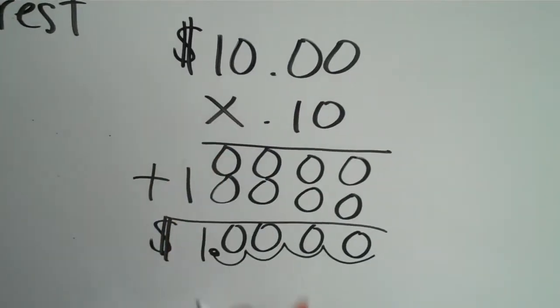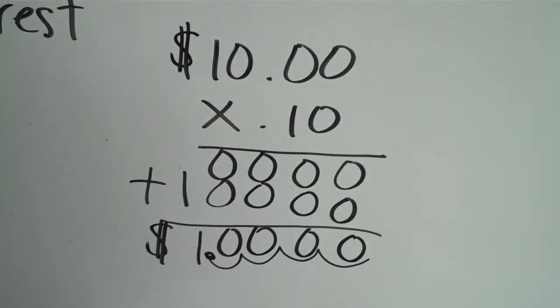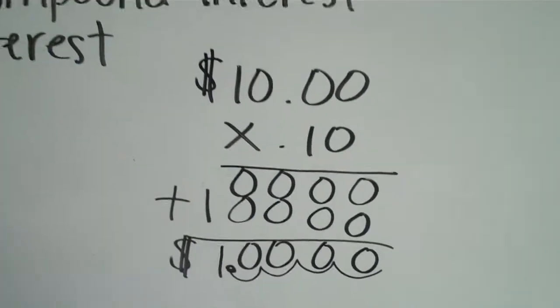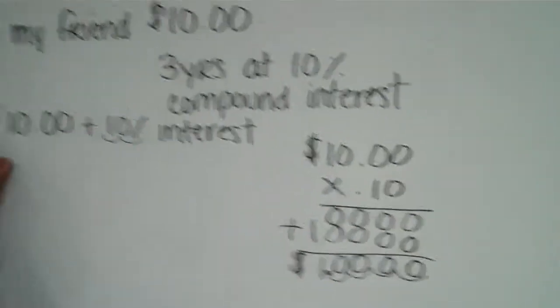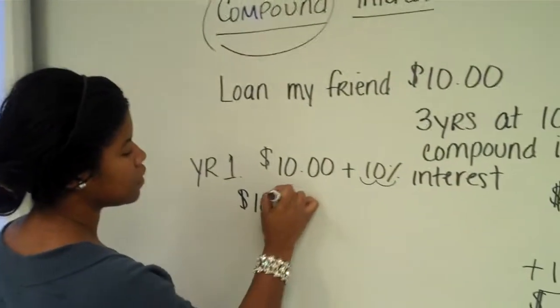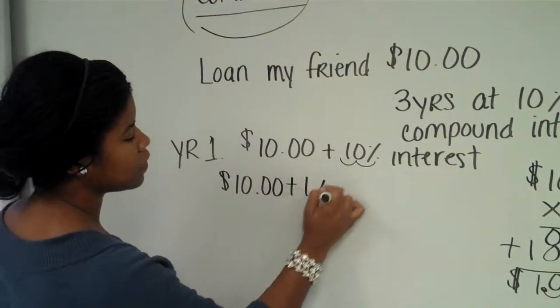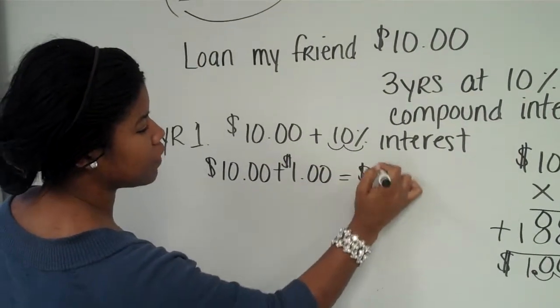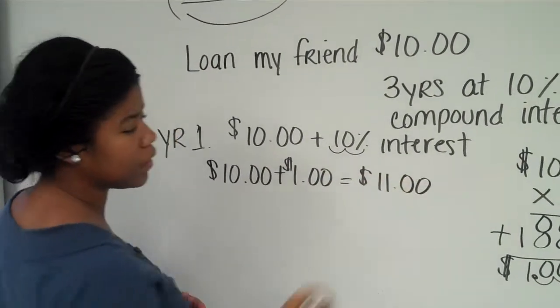So 10% of $10 is $1. And you could have done the alternative if you wanted to divide. So at the end of year one, she's going to owe $10 plus $1. Let me not forget my dollar sign, which equals a total of $11 after year one.